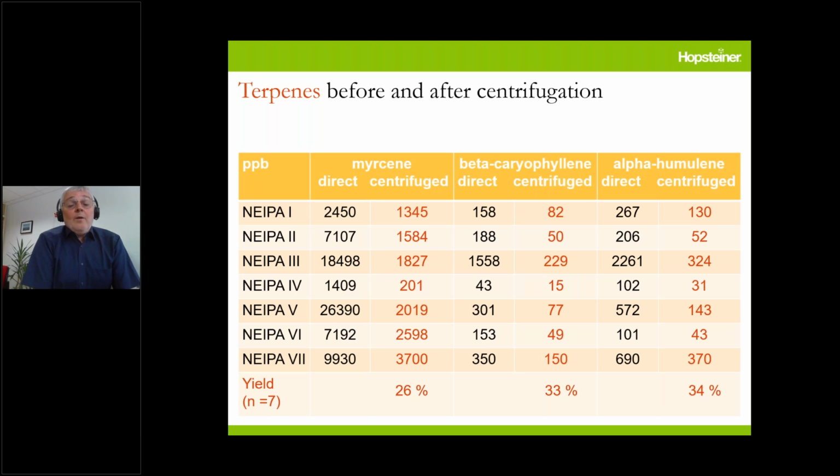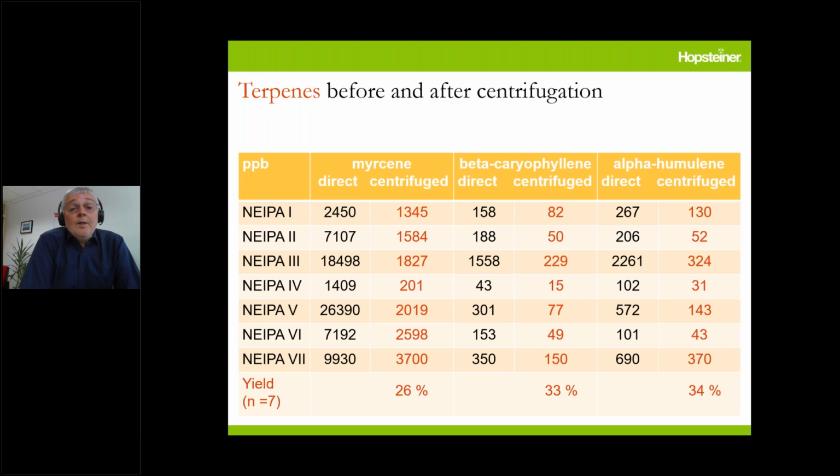And now we have a look on the fate of the compounds before and after centrifugation. Here you have the single values for all the single beers. And the most interesting line is then the last one. It's the average yield of the 7 samples.